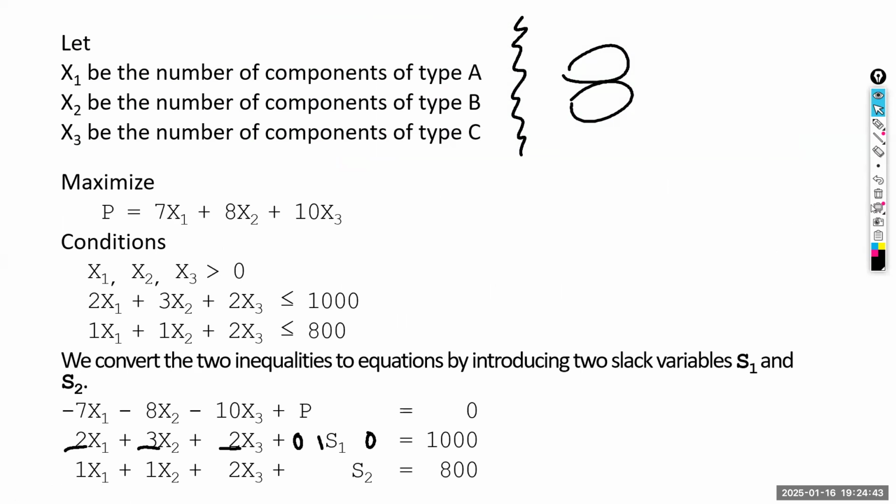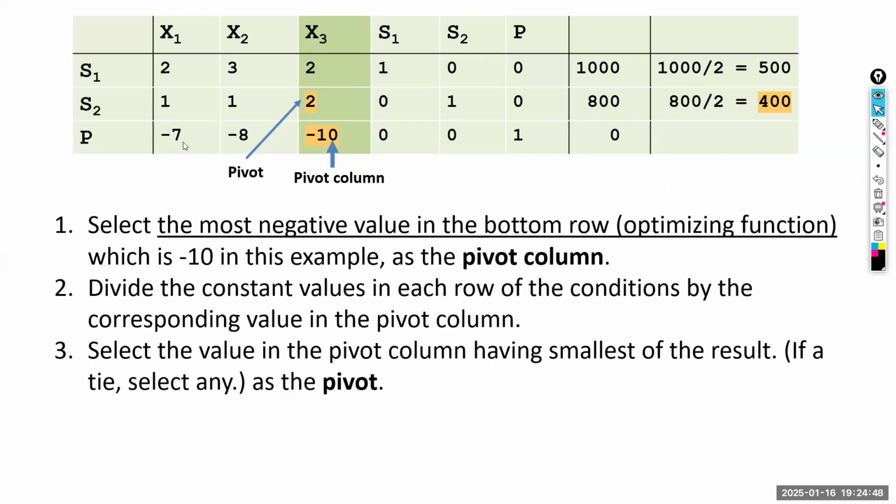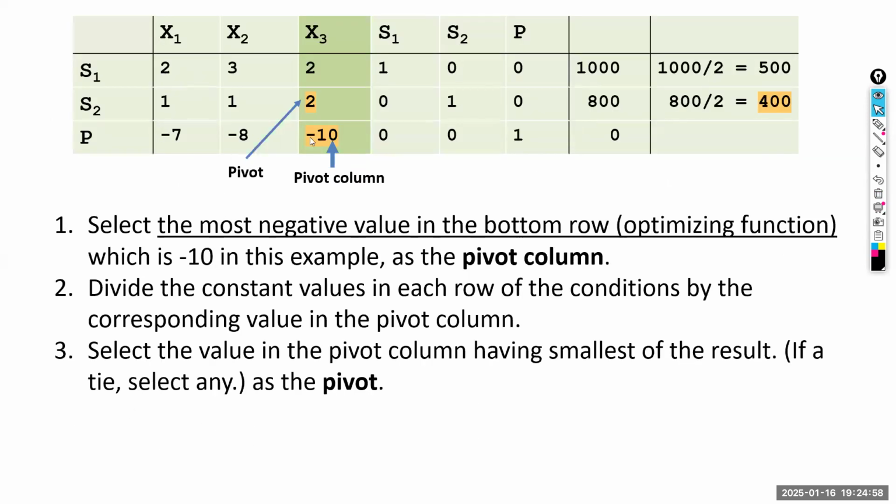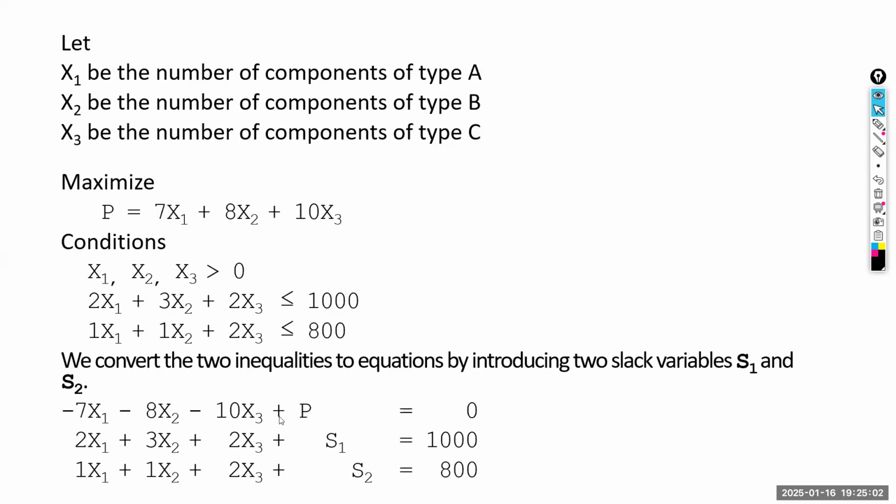And finally, you write down the objective function. There x1 is -7, x2 is -8, x3 is -10. No S1 value, no S2 value, but the P value is 1. Its coefficient is 1P.